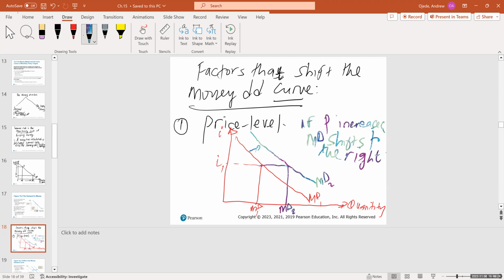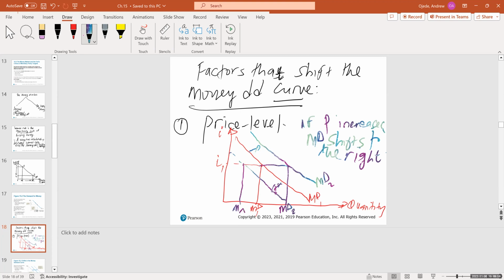Say the price of gasoline drops from $2 to $1, then your family only needs $50 to put 50 gallons of gasoline in the car to drive to work. So they will demand fewer dollars, meaning that the demand for dollars will shift to the left when prices fall. So the money demand would be low.